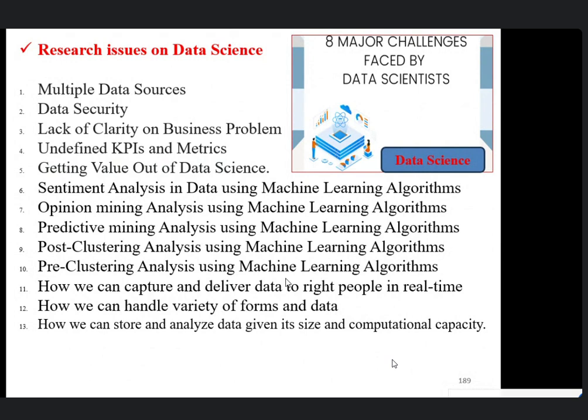How we can capture and deliver data to the right people in real time, how we can handle a variety of forms and data, how we can store and analyze data given its size and computational capacity, etc.